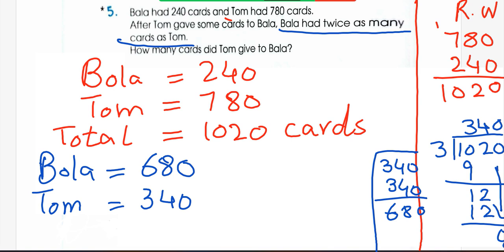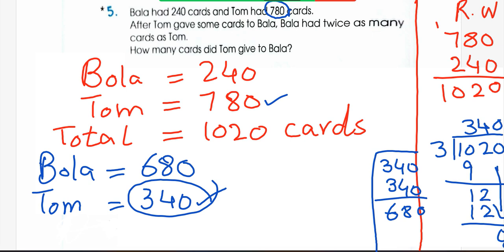Now, what was the question? In the question, it is written, how many cards did Tom give to Bola? In the beginning, Tom had 780 cards. And Tom has 340 left now. Let's see with subtraction, 780 minus 340. 7 minus 3 is 4.